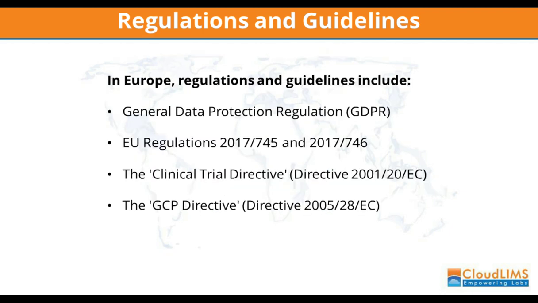Because we're in an era of data sharing and the need to combine data sets from other areas of the world, you must also understand the regulations and guidelines in those parts of the world. Here are some examples of regulations and guidelines for privacy and data security and human subject safety in Europe.